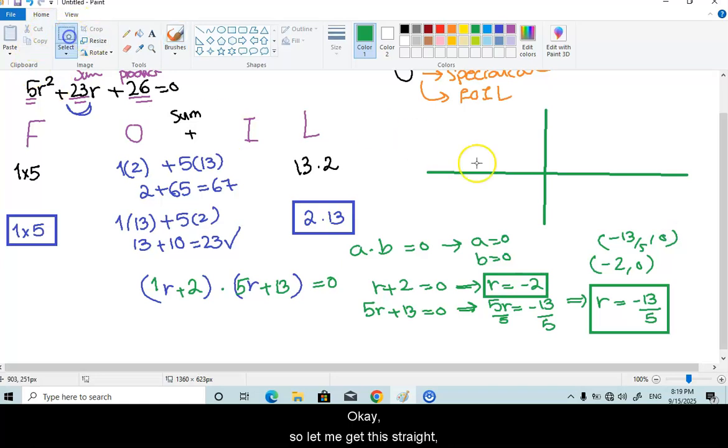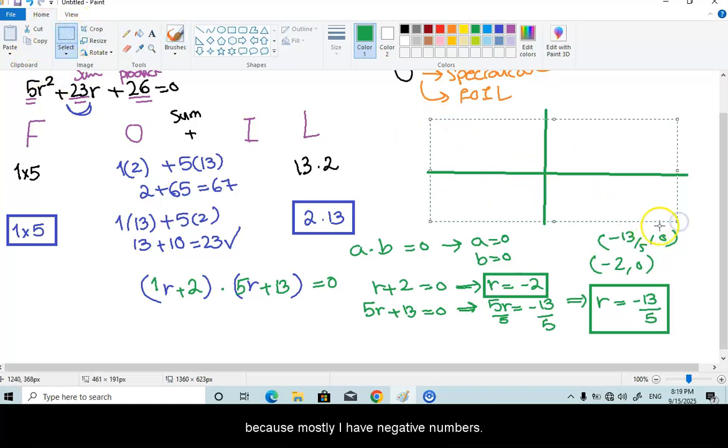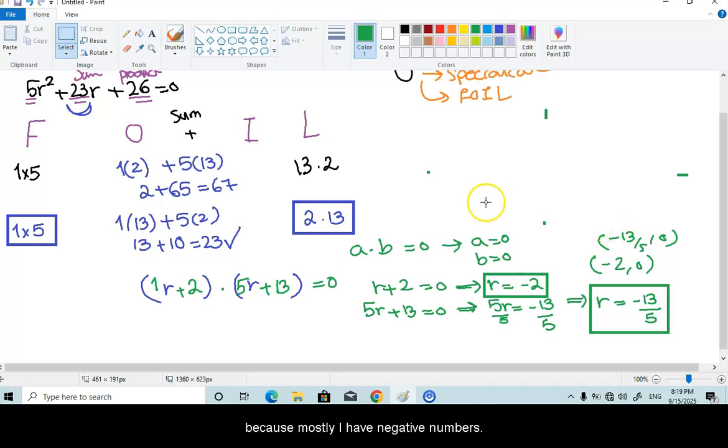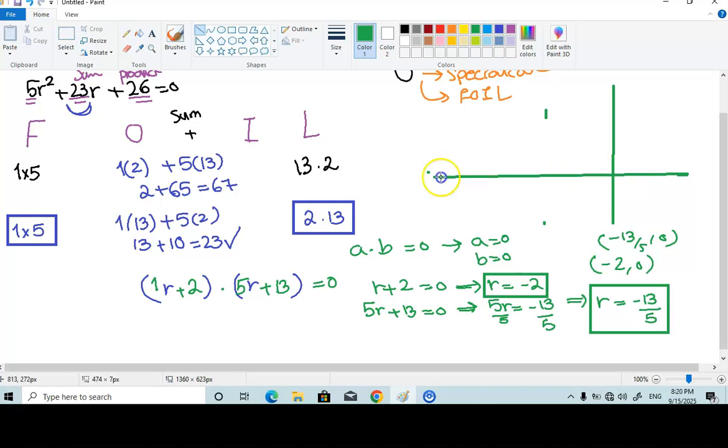Okay, so let me get this straight, because mostly I have negative numbers. So negative 2, and 13 over 5 is approximately 2, it's 2.6 actually.